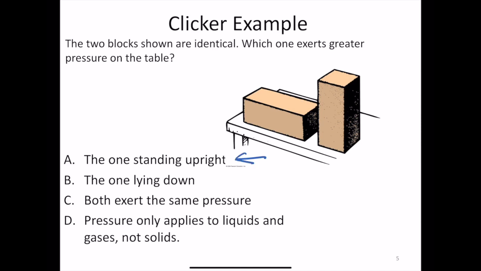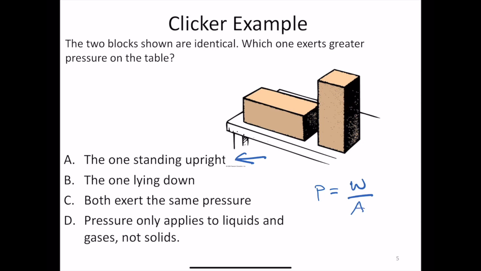And why is that? Because the pressure would just be force divided by area, right? The force exerted on the table by each block is simply the weight of the block. And since the blocks are identical, the weights are identical. So the pressure on the table is simply going to be the weight of each block divided by the area over which the weight is acting.